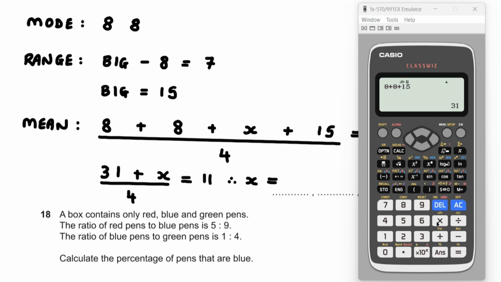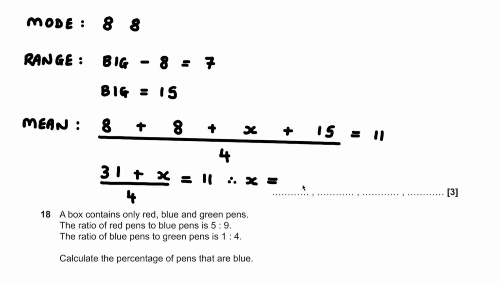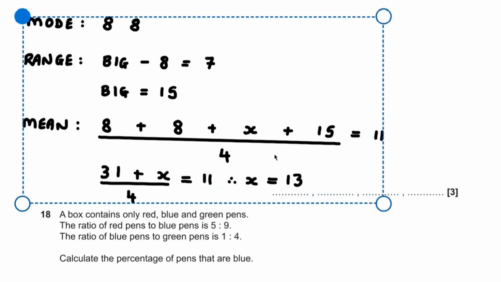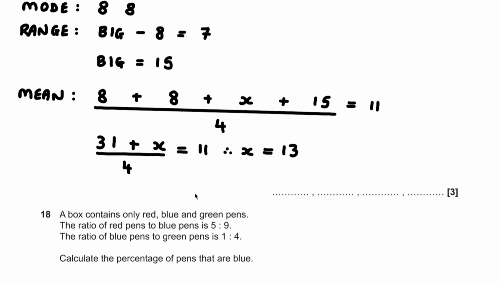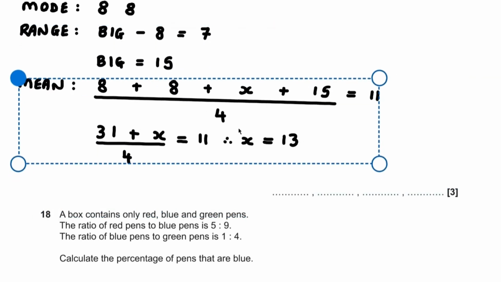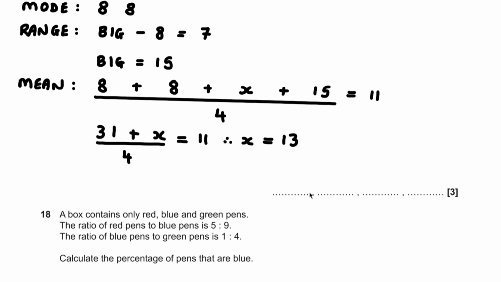So if I do 4 times 11 and then subtract 31, my other number is 13. So for my 4 numbers, what do I have then? Well, I've got the 8, 8, 13, and 15.